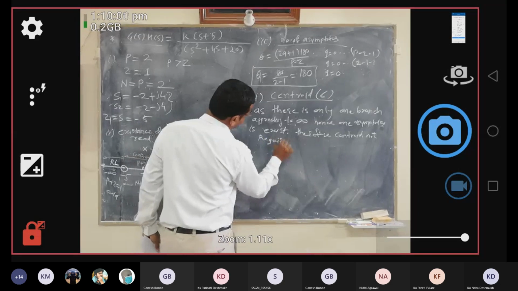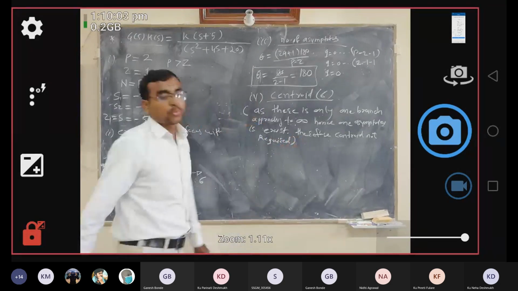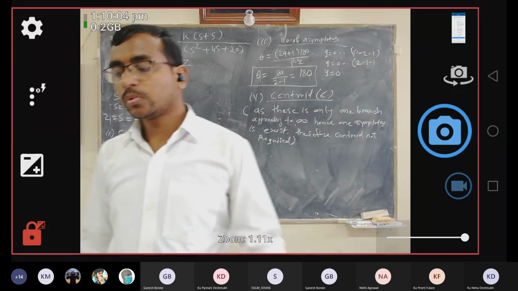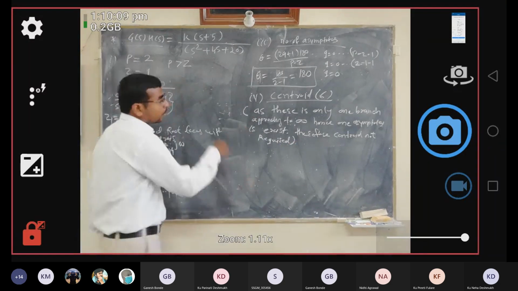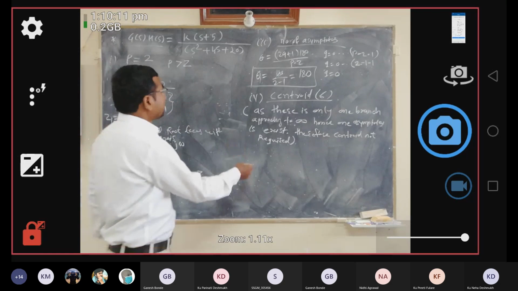So this is the case only in case of one asymptote, and that too along 180 degrees. So in that case, the centroid calculation is not required.